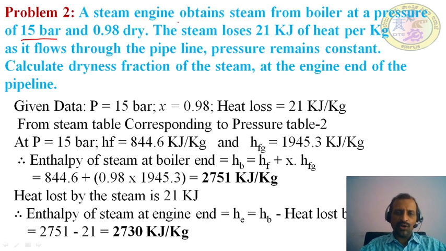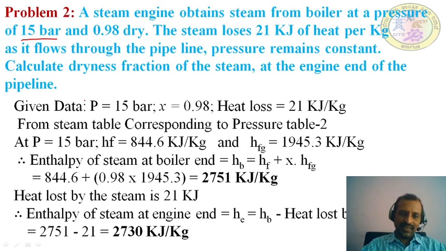The steam loses 21 kilojoule of heat per kg as it flows through the pipeline. Pressure remains constant. So the steam which is 0.98 dry has to pass through the pipeline, and when it passes along the pipeline, it loses 21 kilojoule of heat, maintaining the pressure constant. Then calculate the dryness fraction of the steam at the engine end of the pipeline.